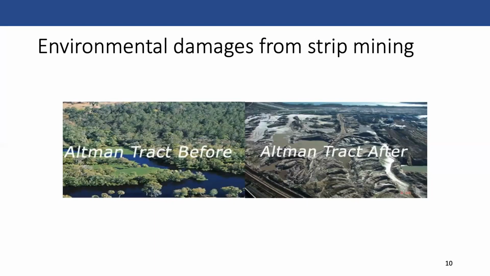This is an example of strip mining, where they clear the land to get at the resources underneath the natural ecosystem. It ends up looking something like this. And then typically they fill the area back in with dirt and gravel afterwards. I don't actually have that picture, but this is what it looks like after it's been strip mined, before it's filled in.